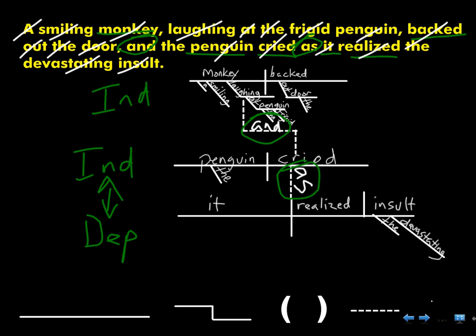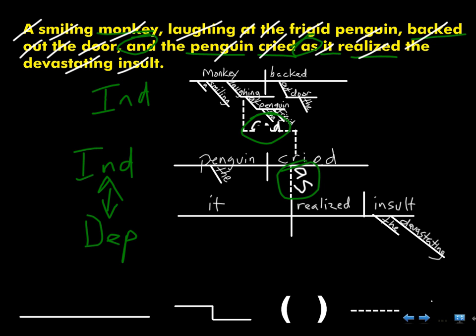Yes? Okay. It realized the devastating insult is only a dependent clause because of the word as, right? Correct. Okay, so if it was an and, then that would be okay. If you said and. So, smiling monkey laughing at the frigid penguin backed out the door, and the penguin cried, and it realized the devastating insult. Not only have you changed it to an independent clause, you've also changed the meaning of the sentence. You've said these two events are independent. They don't relate to each other.